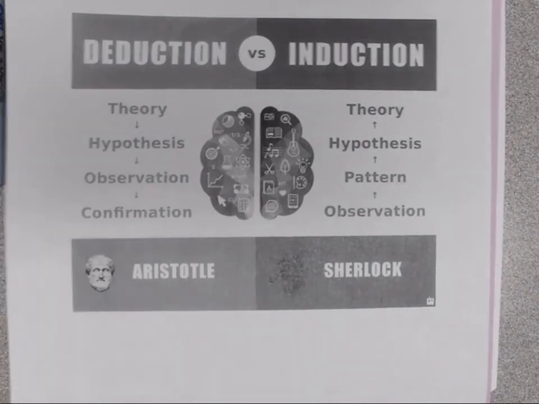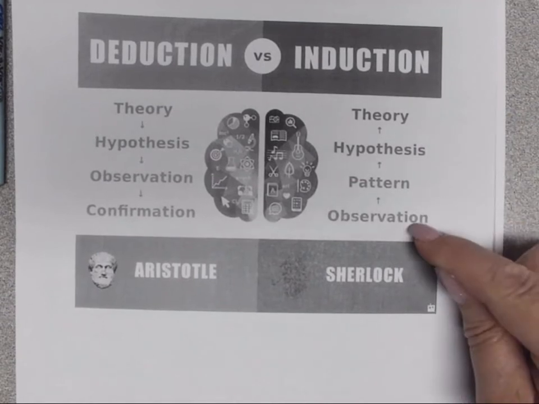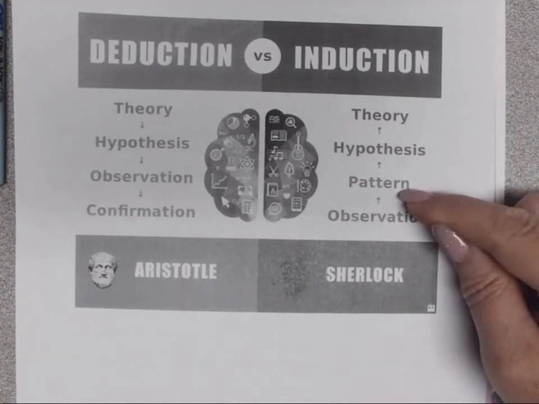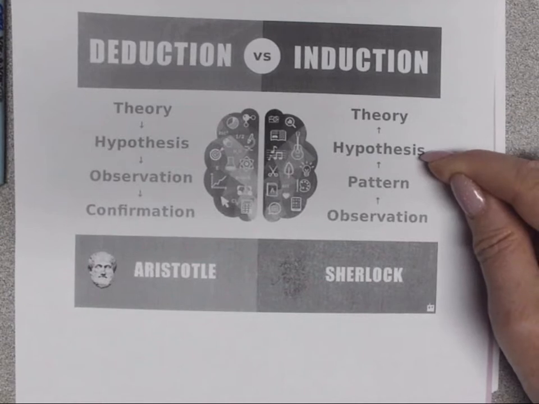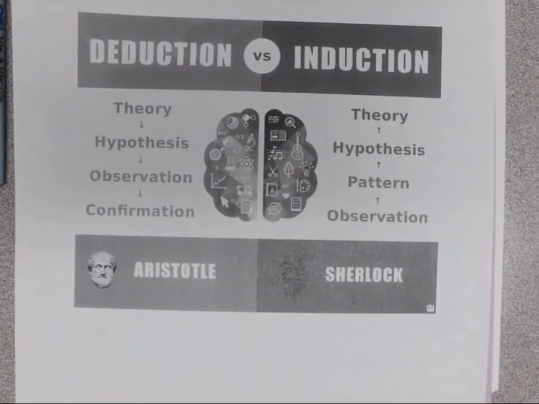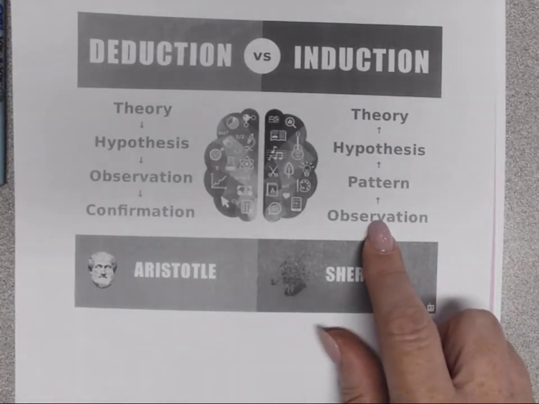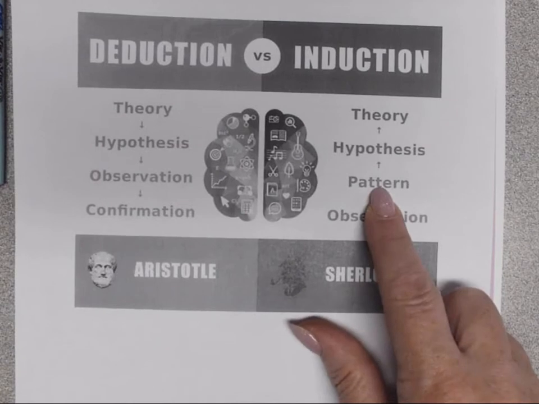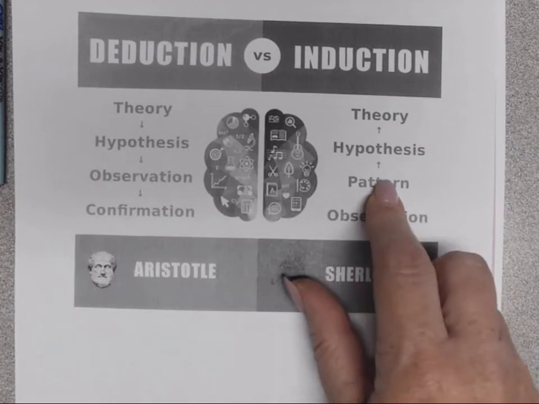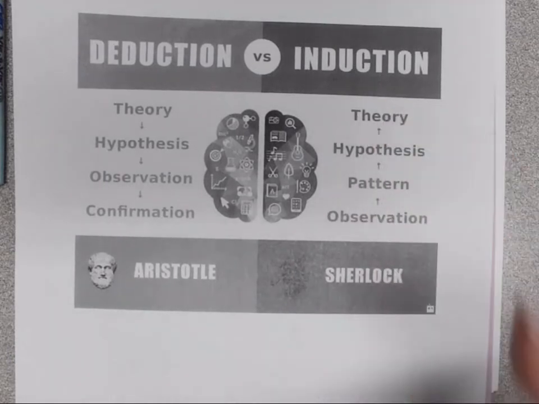We're taking observations, noticing a pattern, creating a hypothesis, which is a conjecture, and then taking that to a theory. So on the last problem, we used an observation that the numbers were doubling. We looked at the pattern, went to a hypothesis, and then looked to see if we could take it to a theory. It was false on that one, but it was true on some of the other ones that we looked at.